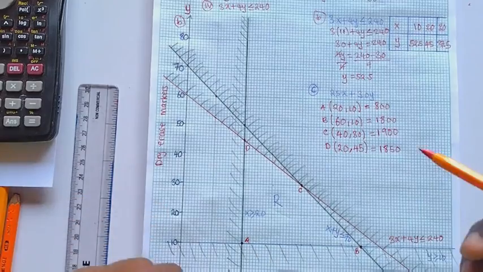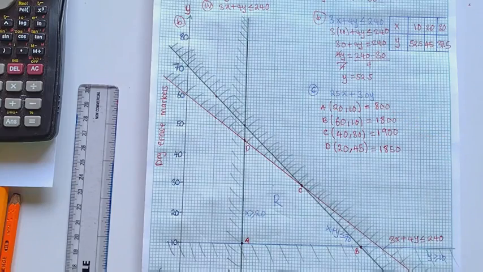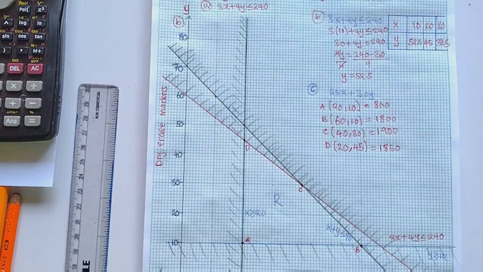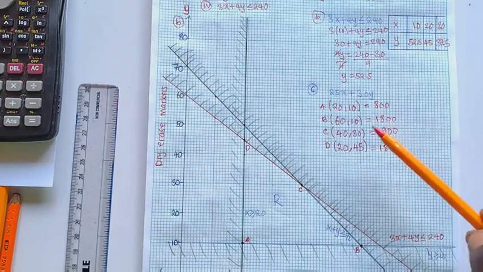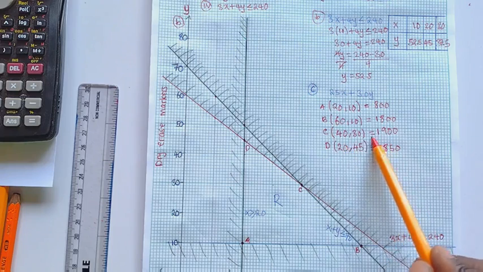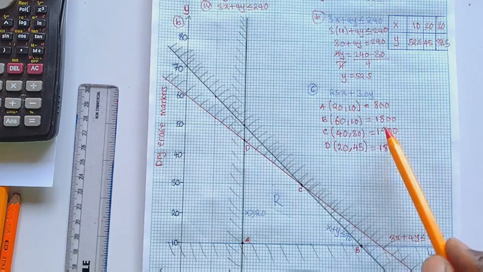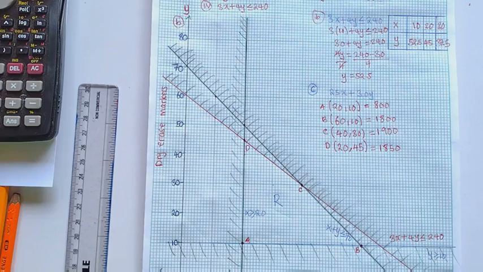So from these points that we came up with, we just need to choose which of the points has given us the highest value. The point that has given us the maximum value, because this was for maximum profit, is this one, 40, 30, where we have 1900. The question was, they wanted you to identify how many types of markers are going to be ordered for each type in order for this businessman to make a maximum profit.